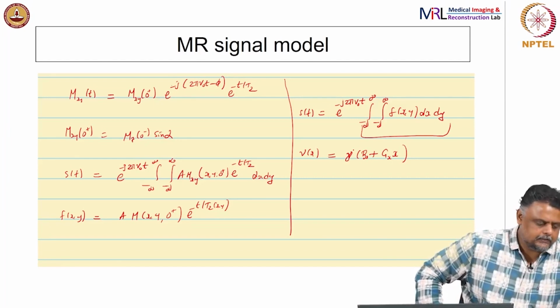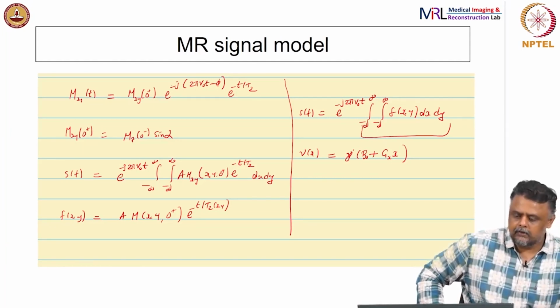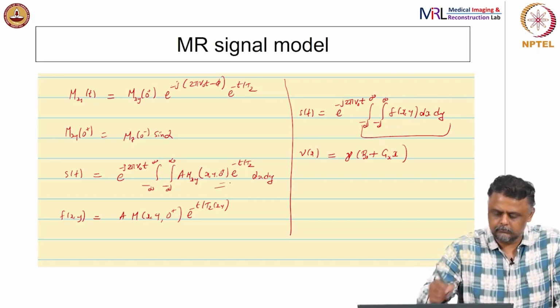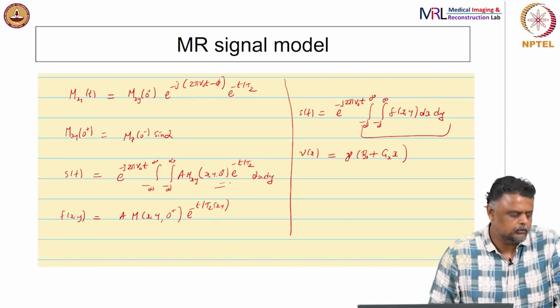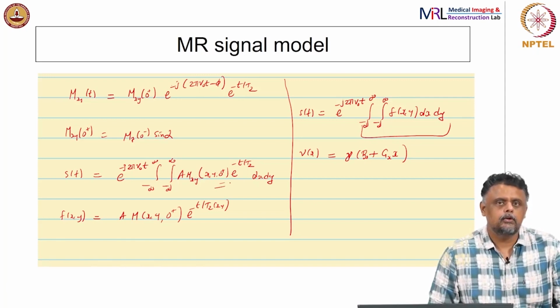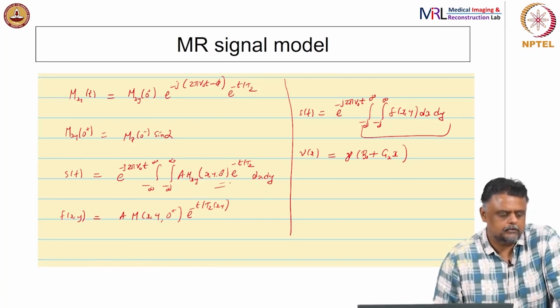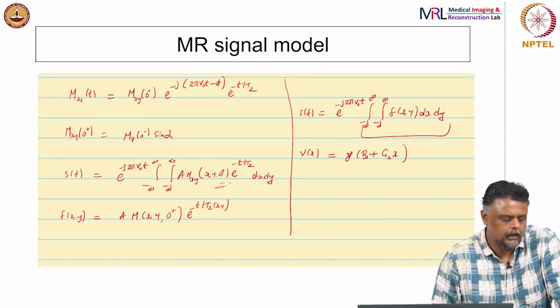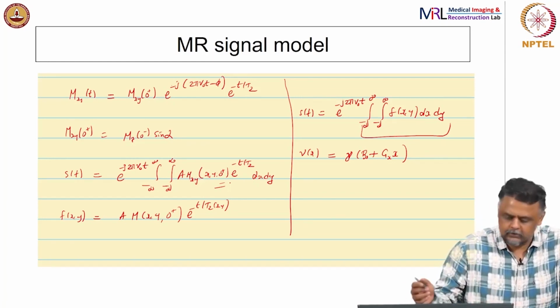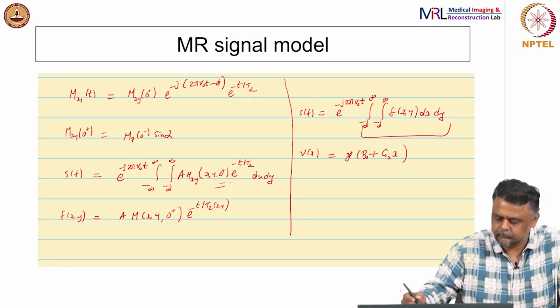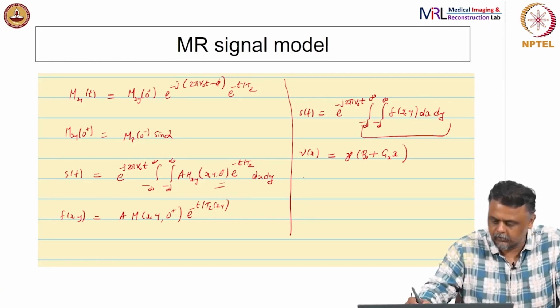Now, once we have this, we have to modify the expression we had written right here appropriately, because it is no longer gamma nu 0 t; nu 0 has been modified because of the presence of the x gradient. Let me write this one expression so that we understand where we are going from.